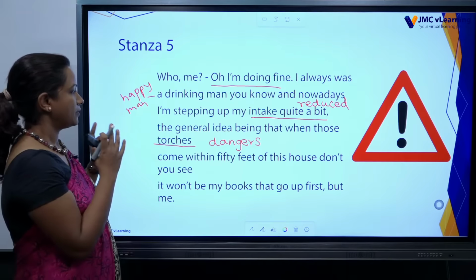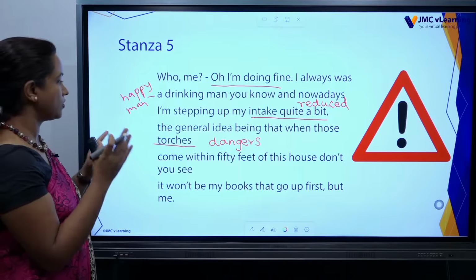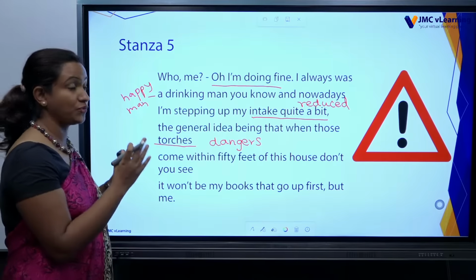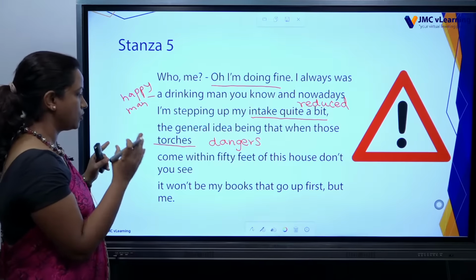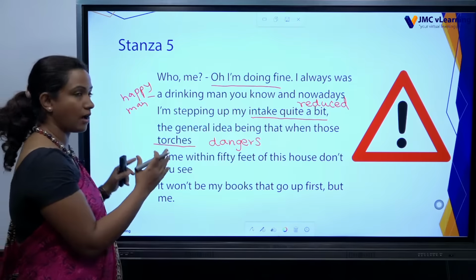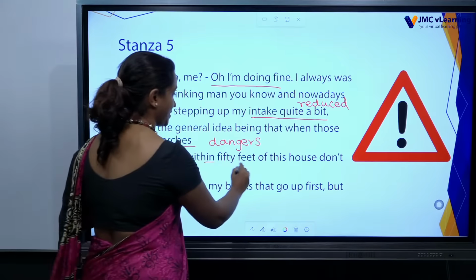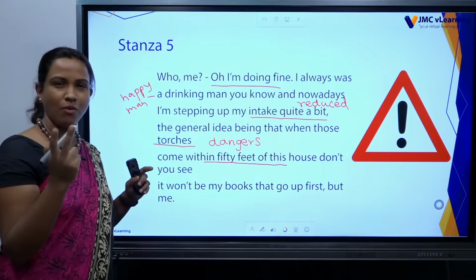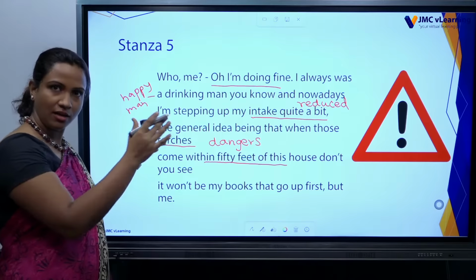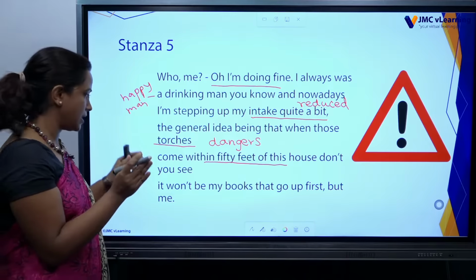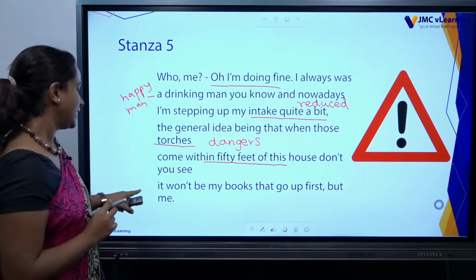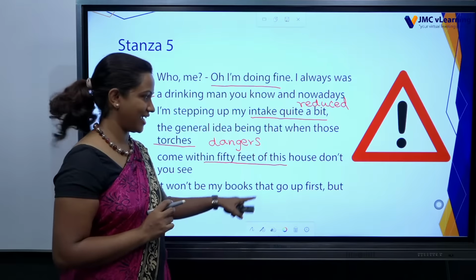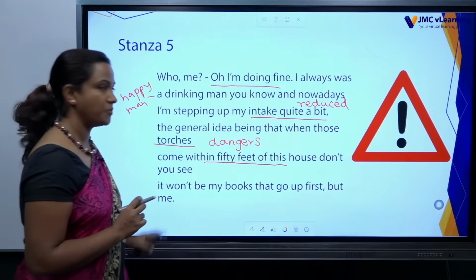So when they come within 50 feet, they don't come in one or two, they are coming in a group to their house. And don't you see? It won't be my books that go first, but me.